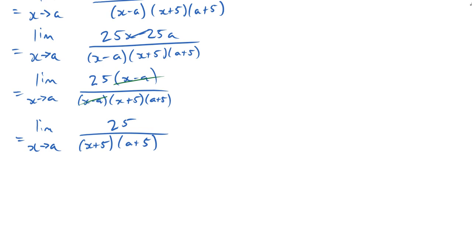Now I can sub in the value that x is approaching, so I sub in a. And I get a plus 5 times a plus 5, so a plus 5 squared.